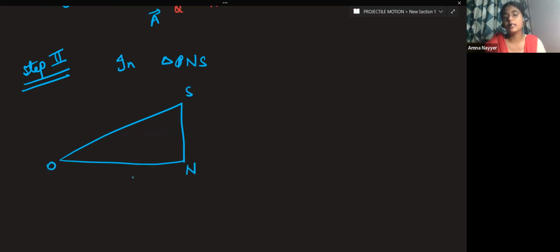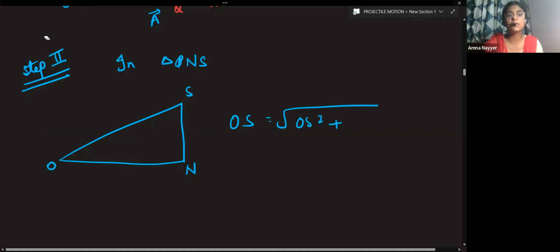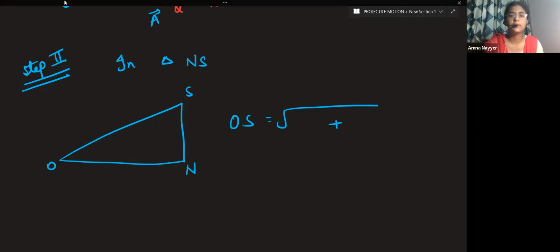In this triangle, OS is the hypotenuse. Just apply the Pythagoras theorem. OS is the diagonal of the parallelogram, which is the resultant we have to find out. So OS will be given by under root ON square plus NS square.